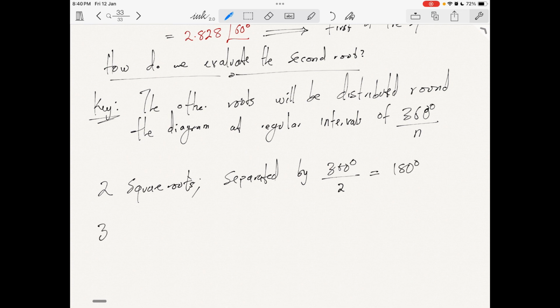And if we are evaluating the three cube roots of the complex number, the three roots will be separated by 360 degrees over 3, and that is 120 degrees.